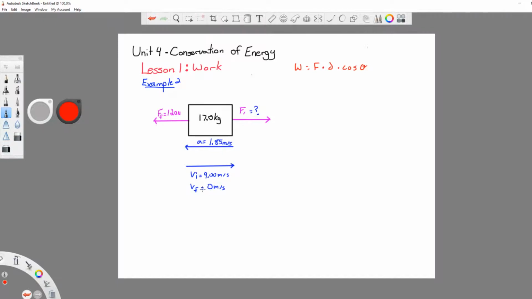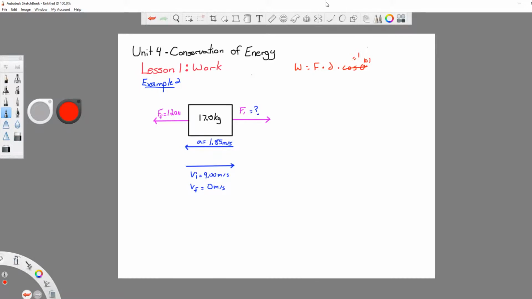We've got our initial velocity is to the right, and our force 1 is also being applied to the right. It's in the same direction. So this is cosine of 0 degrees. Cosine of 0 degrees is equal to 1. So I'm just going to cross that out because anything multiplied by 1 is just itself. So we're just going to start off with work is equal to force times distance.